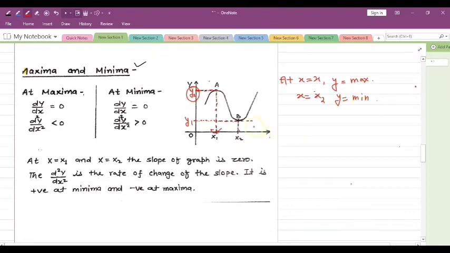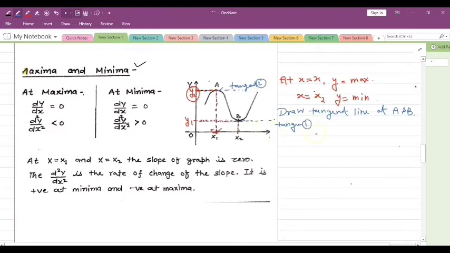And if I ask you to draw a tangent line at points A and B, then you will plot these two lines like this one. This is the first tangent line and this is your second tangent line.